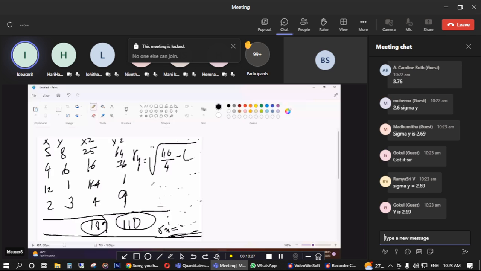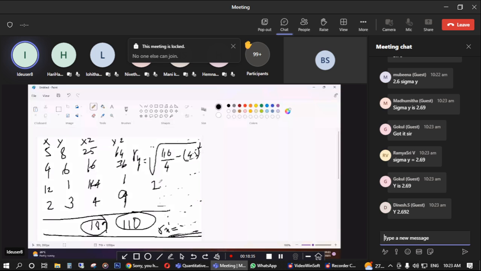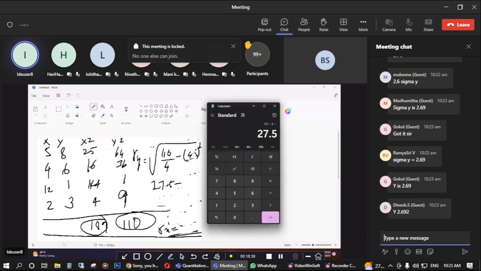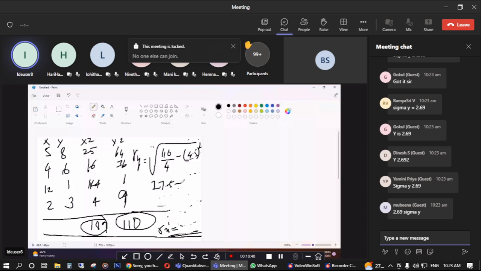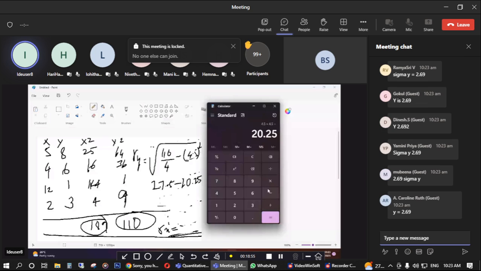So what is 110 divided by 4? 110 divided by 4 is 27.5, minus 4.5 square. 4.5 into 4.5 is 20.25.